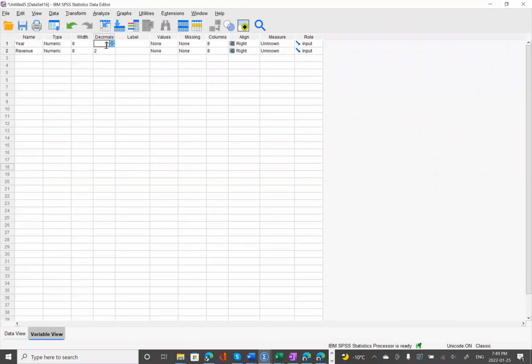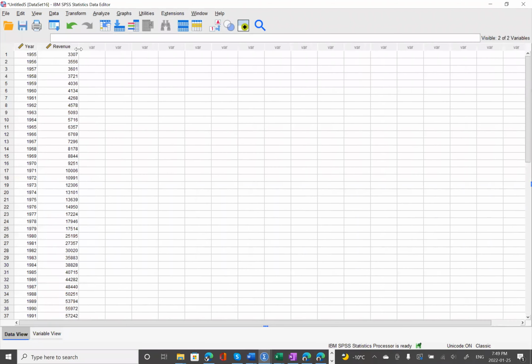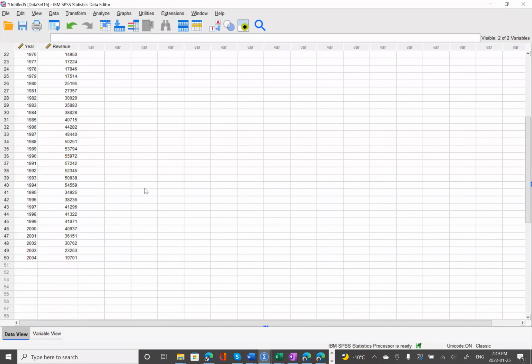I don't want decimals, so decimals is 0. You can adjust the width of the column. So this is my data.